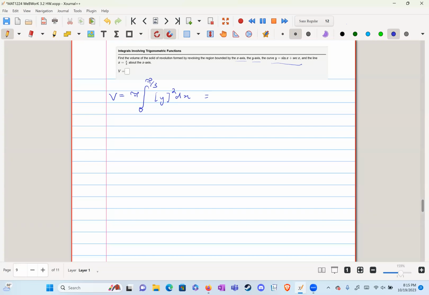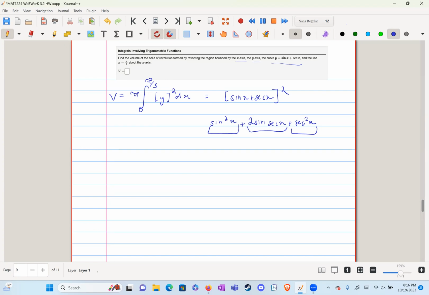So that is to say (sine x plus secant x) squared, which is equivalent to sine squared x plus 2 sine x secant x plus secant squared x, which we're going to split into 3 separate trigonometric integrals. I will quickly do this one.